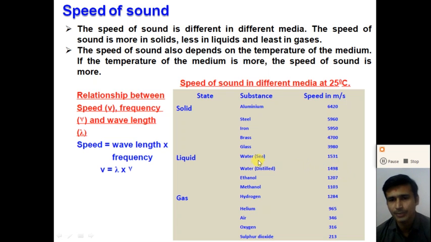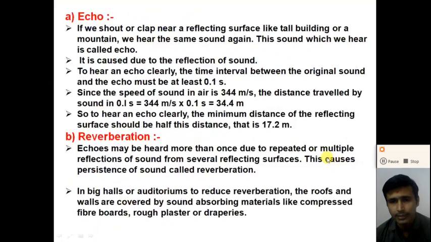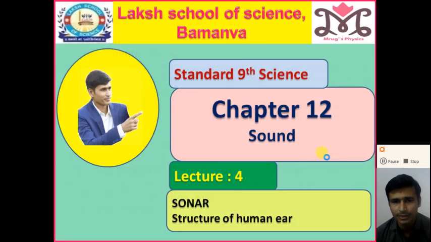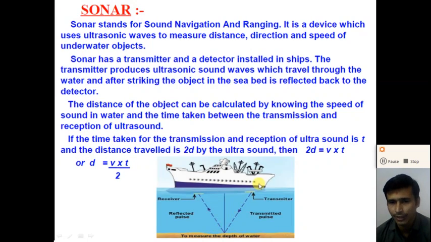So we take the speed of the sound wave in sea water as 1531 meters per second. If you know this speed and measure the time taken between transmission and reception of the sound, we can easily calculate the distance of the object from the ship, right?